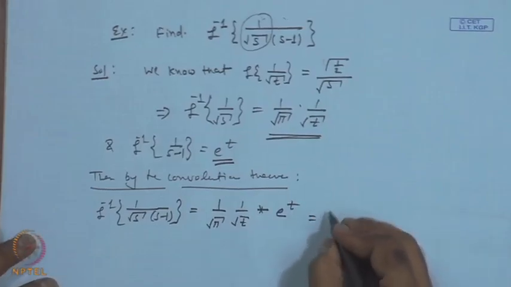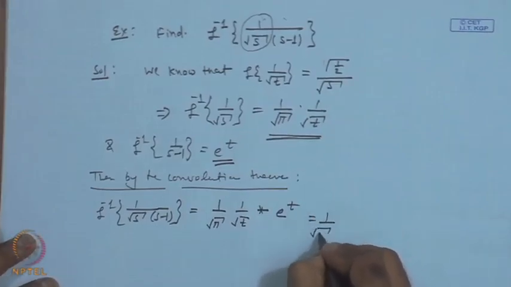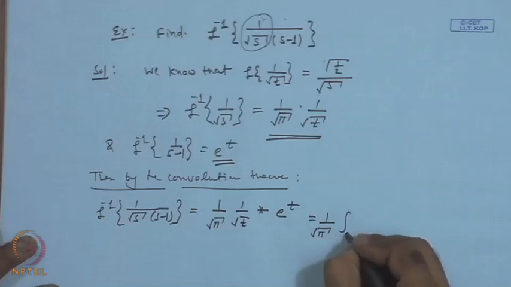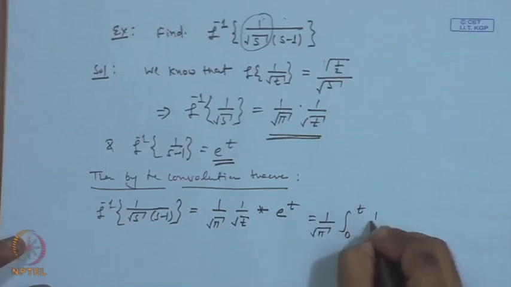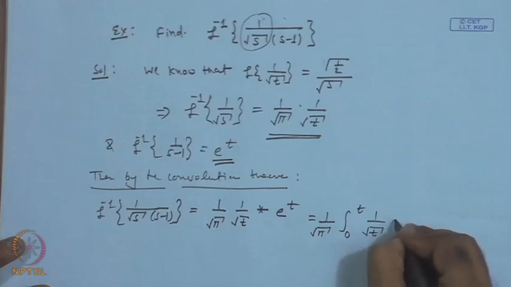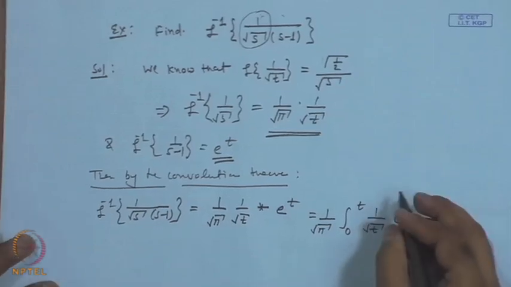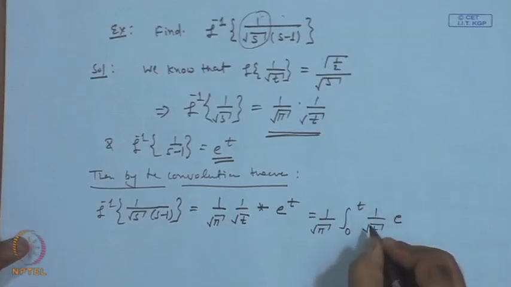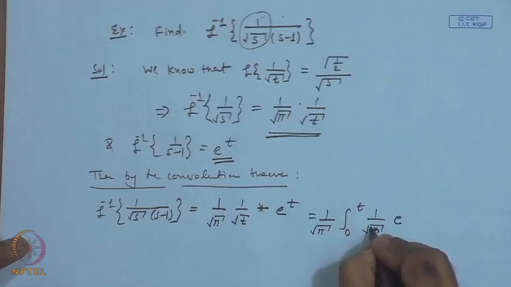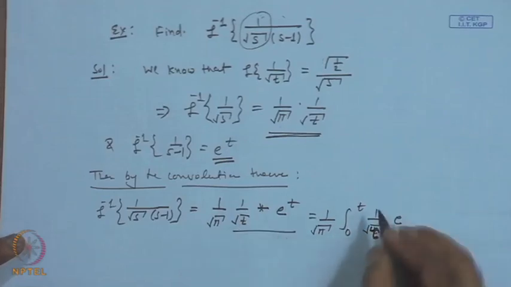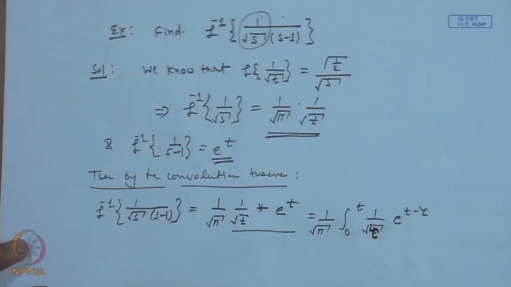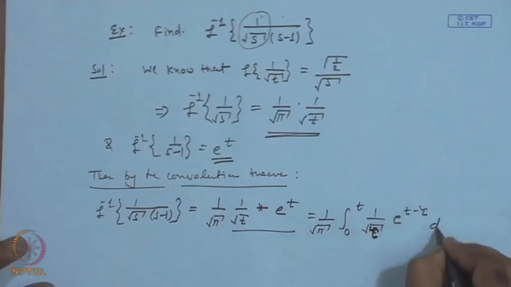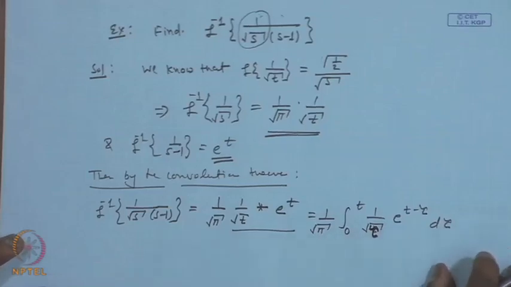This is equal to 1 over square root pi and the convolution integral from 0 to t, and we have 1 over square root tau. Now, a new variable we introduce here, tau, because we are writing the convolution. So, 1 over square root tau and e power t minus tau, so f of t minus tau, and d tau.